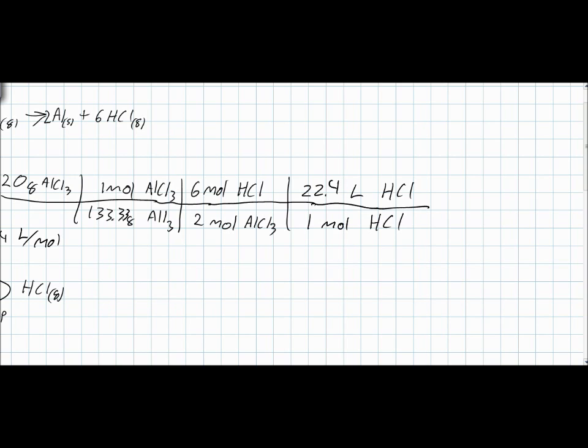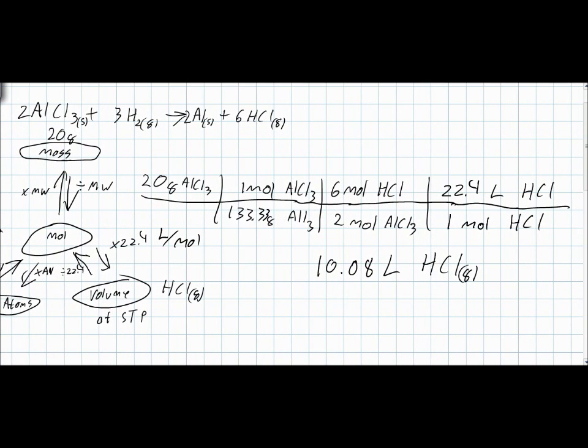Then we multiply by the 6, divide by the 2, multiply by the 22.4, and I get 10.08 liters of hydrochloric gas. Now, isn't that kind of cool? I think it's cool. So now I'm going to try something else.